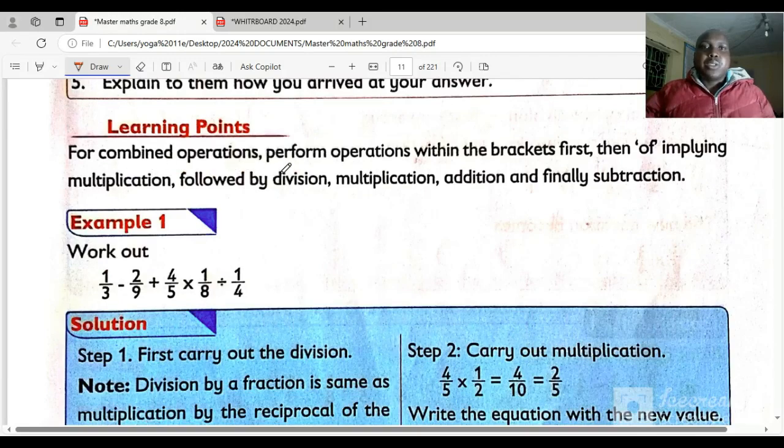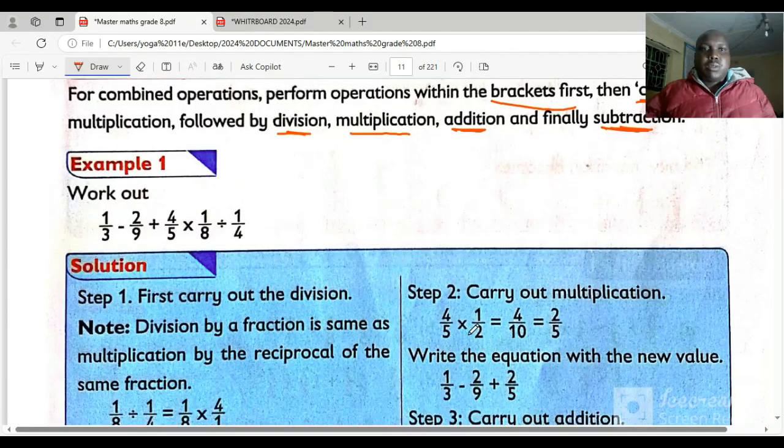For combined operations, perform operations within the bracket first, that is BODMAS, brackets first, then followed by of, followed by division, multiplication, addition, and then finally subtraction. So let me do one example here, the one which one has done here.